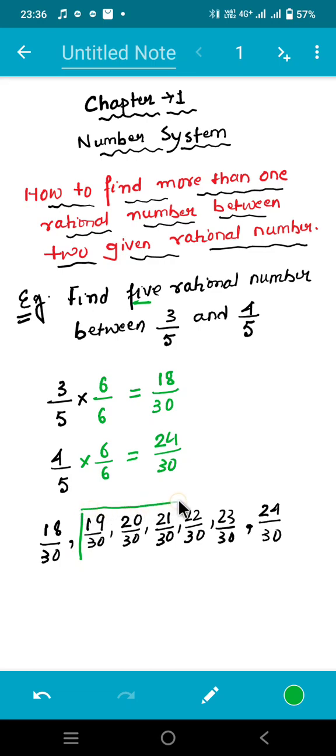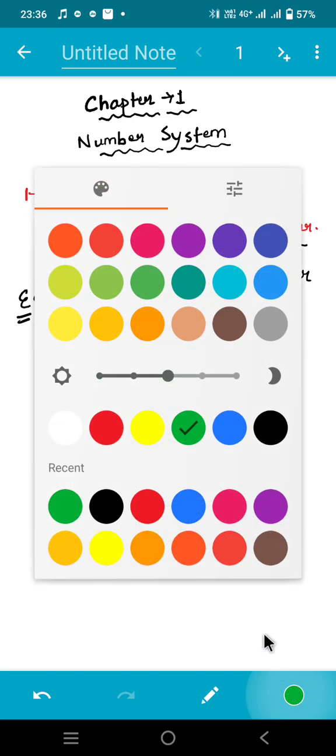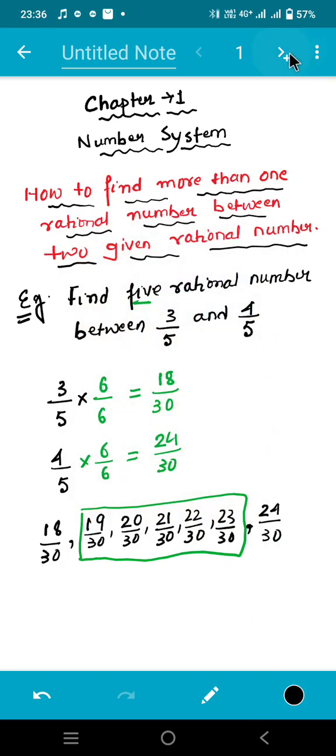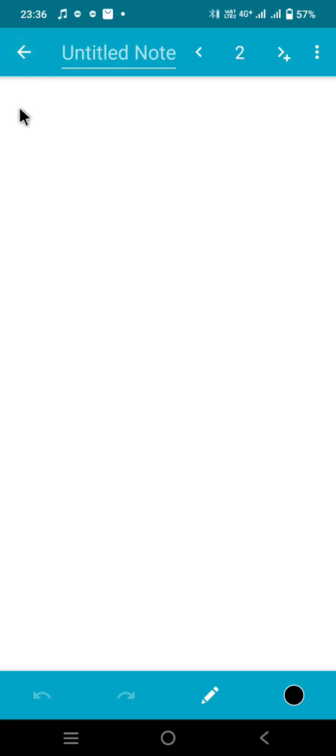So you will highlight these five rational numbers like this. So this is the given answer, students. Very easy. Now what if I give you another question and show you some other variations?